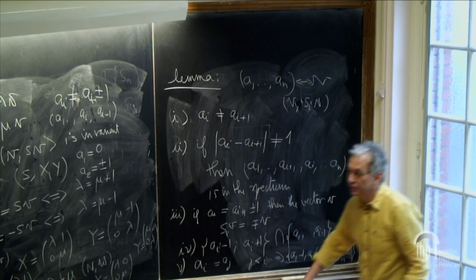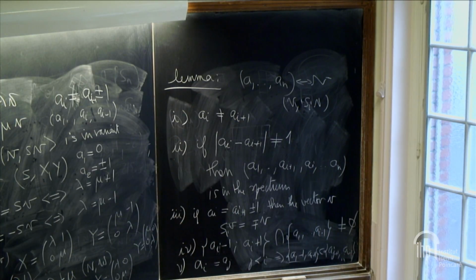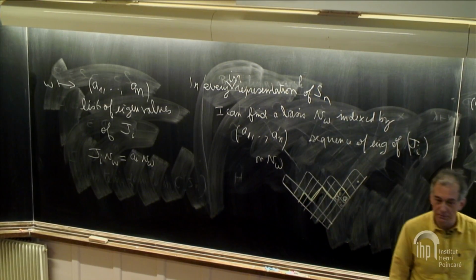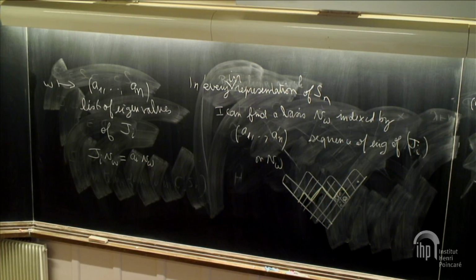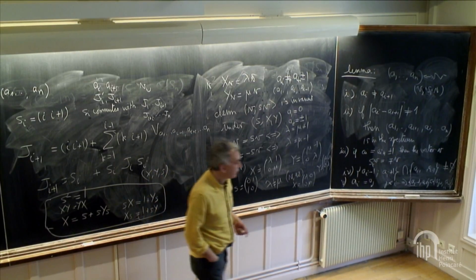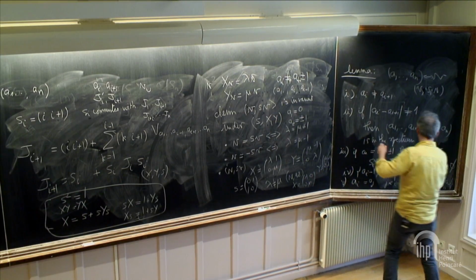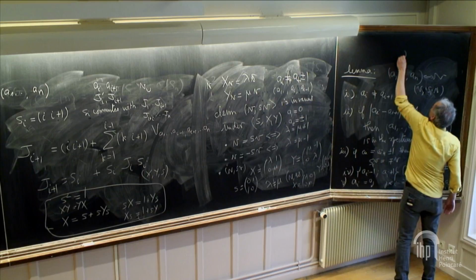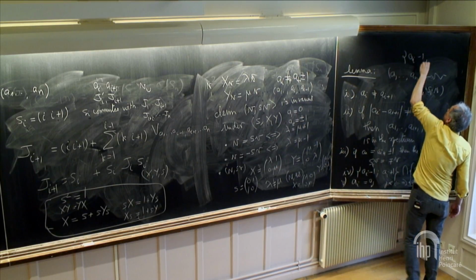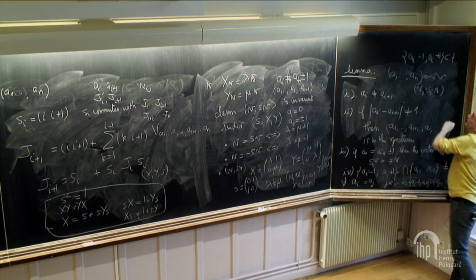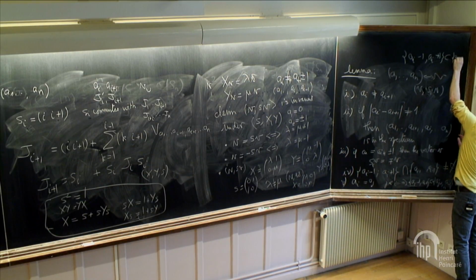So you see, what I claim is that if a_i occurs here and there was a_j before, then certainly these two boxes must have been present in the list. Sorry, I write it above. So it's a_i minus 1, a_i plus 1.